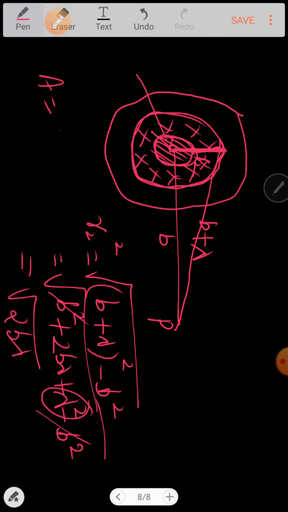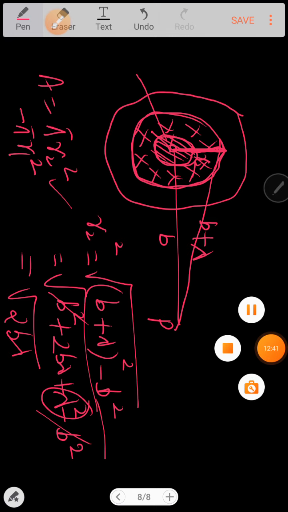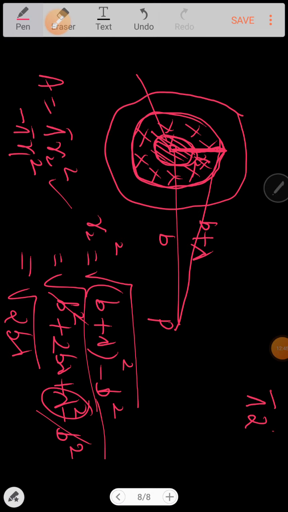That is pi r2 square minus pi r1 square, and pi r2 square is pi into 2b lambda, minus pi b lambda, that is pi b lambda.